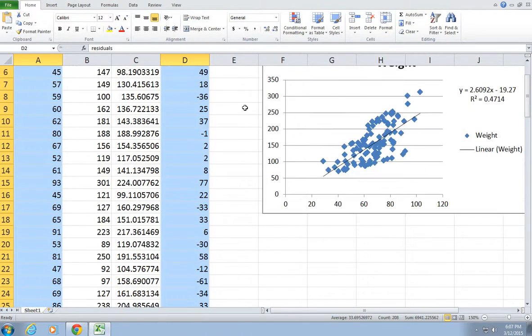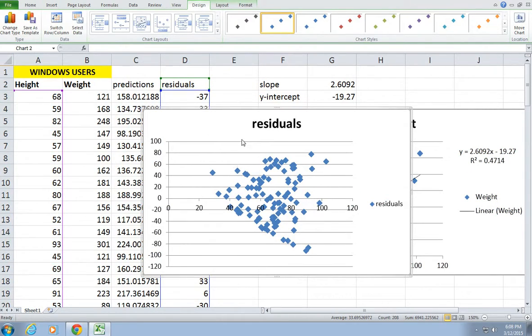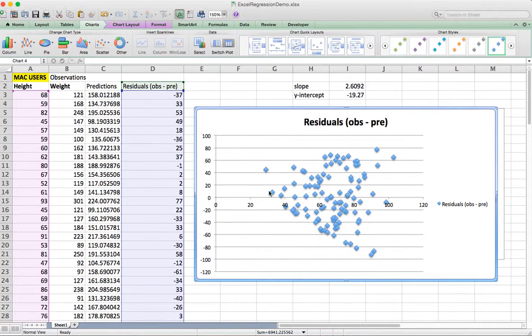So scroll back up to the top, insert, scatter plot, and there it is, the same residual plot that I saw before. Again, if you see no discernible pattern, you probably have a good idea that you're doing at least an okay thing statistically with a linear regression. And I hope this has helped.